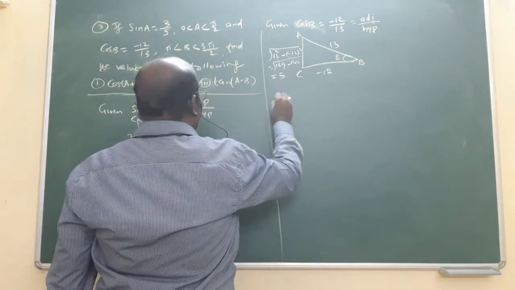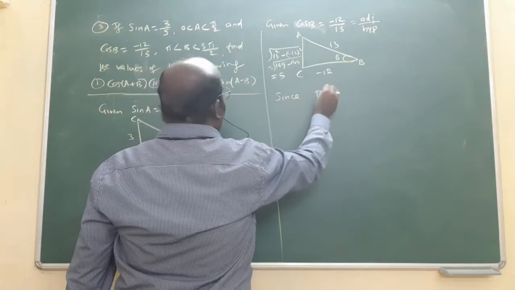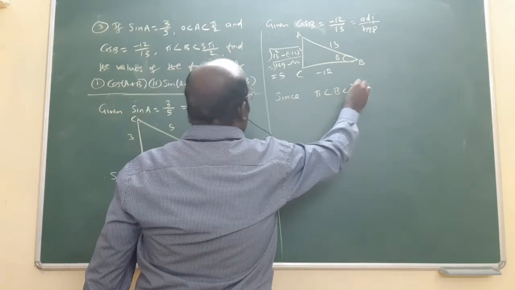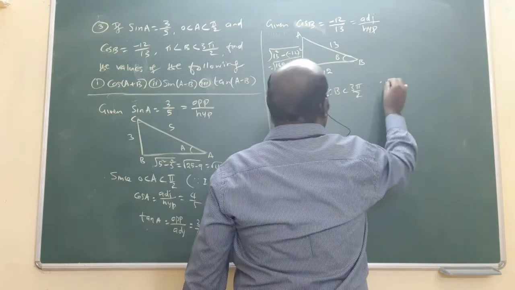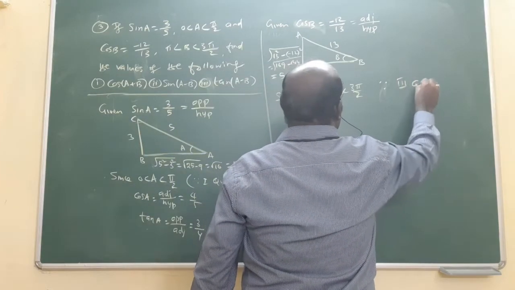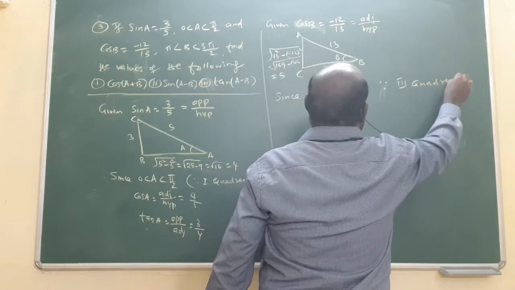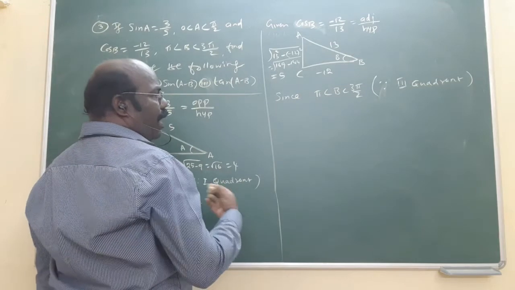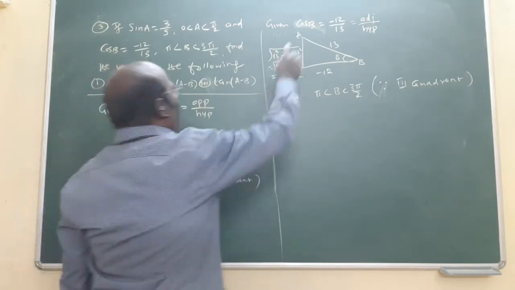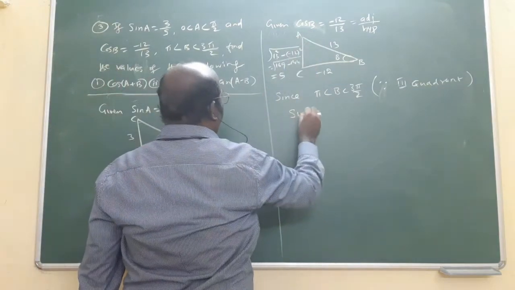Now, since again the angle is mentioned, pi less than B less than 3 pi by 2, that's why the angle B is in the third quadrant. It is the third quadrant. That's why in the third quadrant, tan only is positive. We want sin B and cos B, no? Cos B is already found. Sin B, what is the formula?